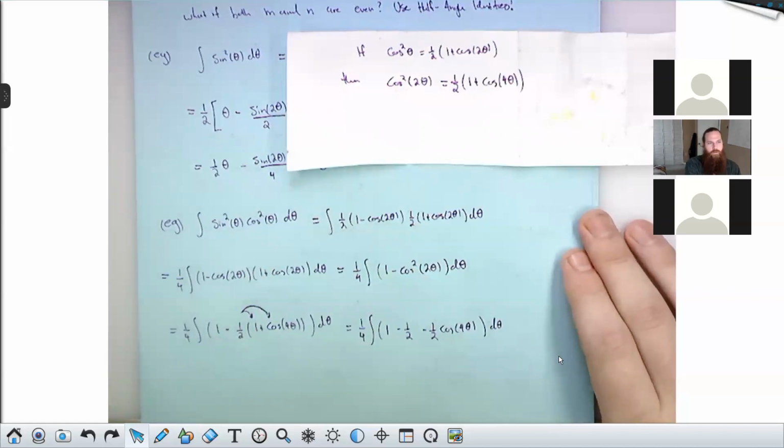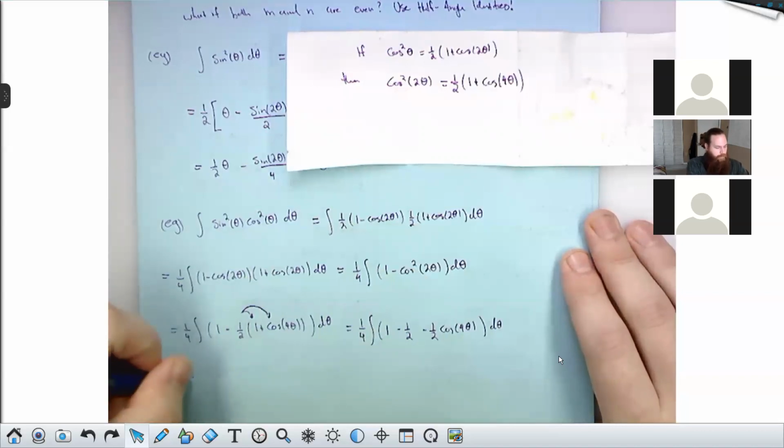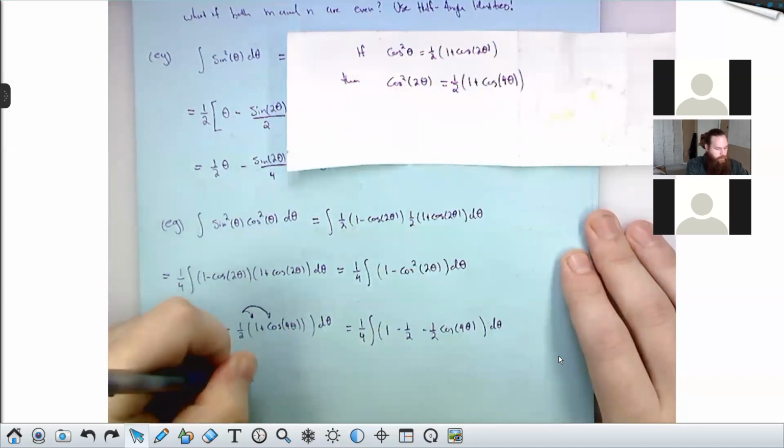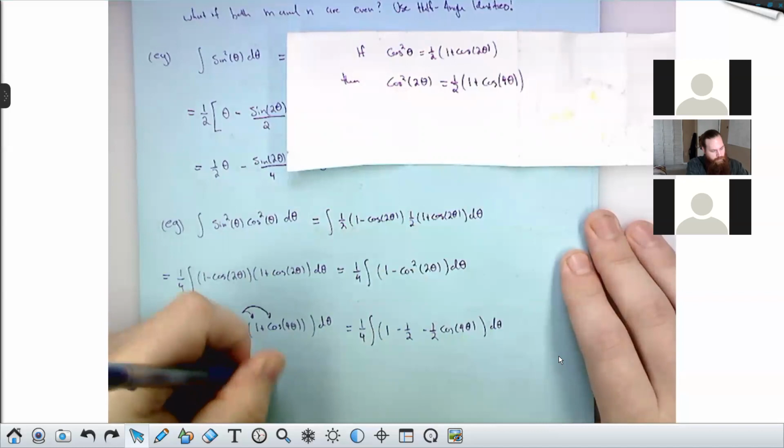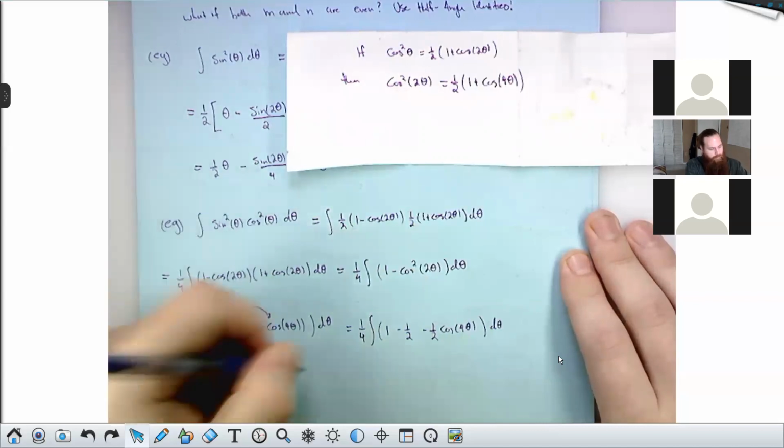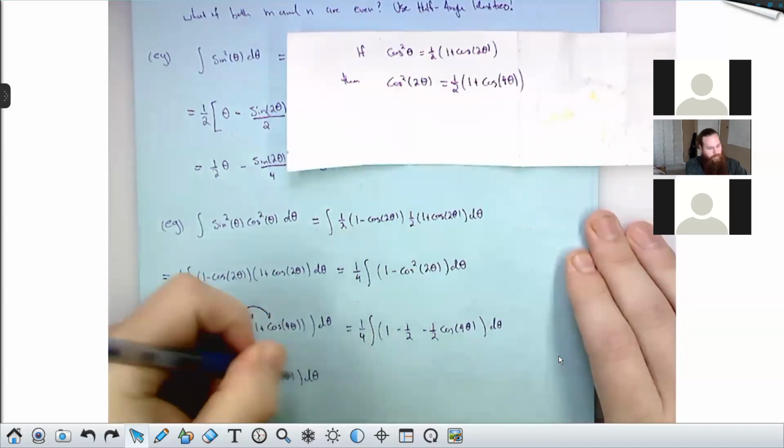And now I'm happy because there are no more powers of cosine. I can combine the 1 and the minus 1/2, because those are both constant terms. 1 minus 1/2 is 1/2, so I get 1/2 minus 1/2 cos 4 theta d theta.